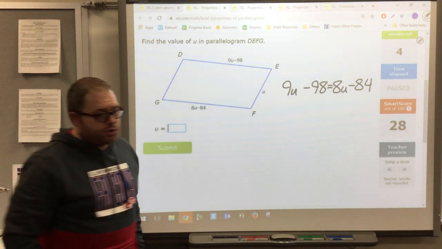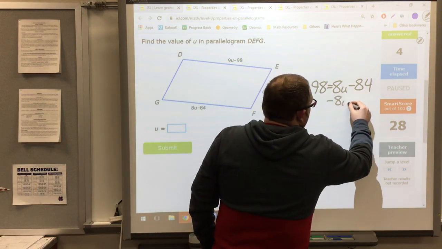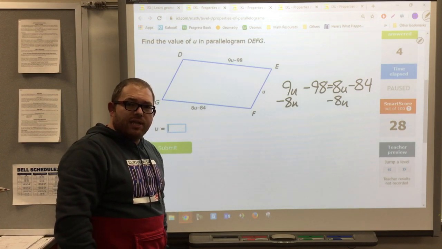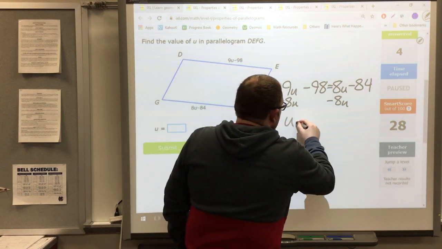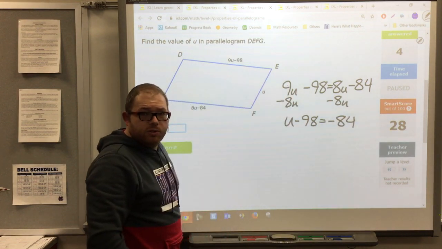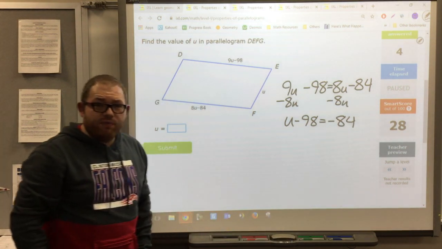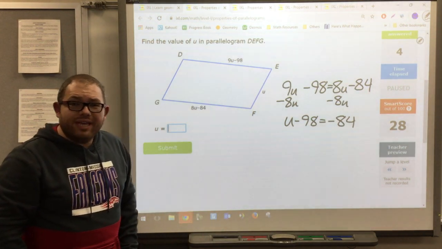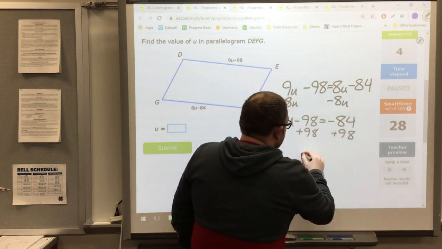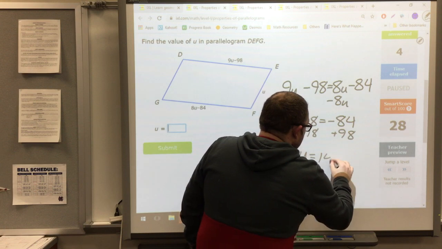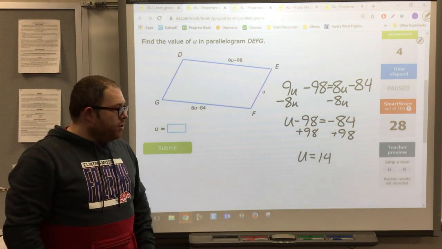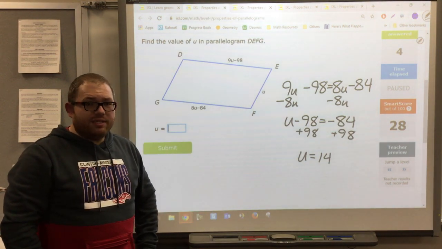Now we perform our algebra. Subtracting 8u from both sides of the equation. Don't lose the negative sign on the 84. Now we simply add. Because the question simply says to solve for u, our answer should be 14.